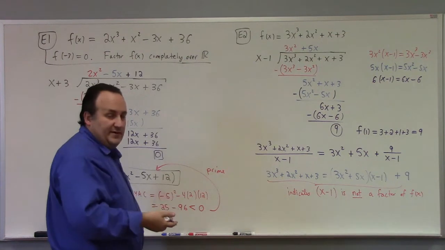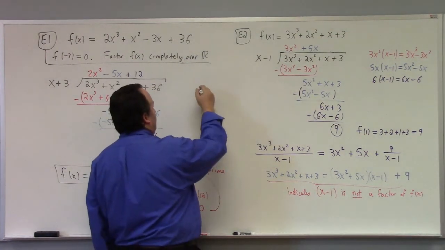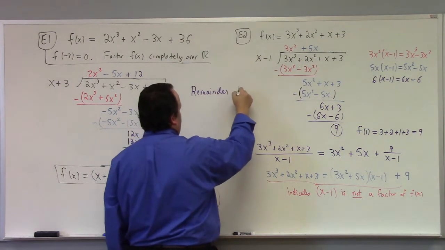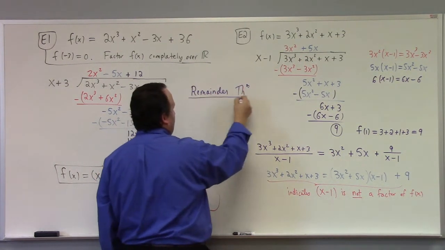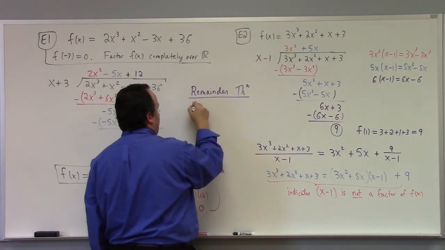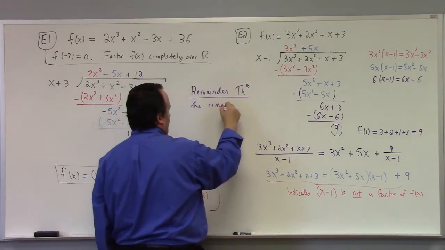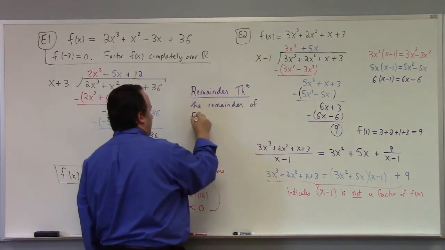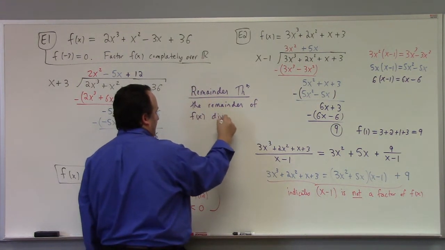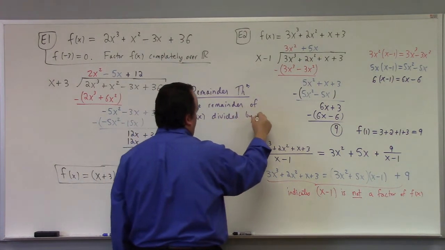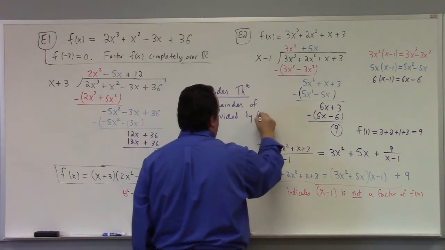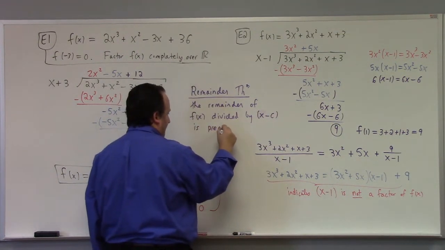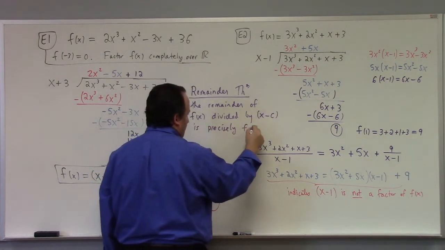There's something called the remainder theorem. We talked about the factor theorem last class. The remainder theorem says this: the remainder of f of x divided by x minus c is precisely f of c.